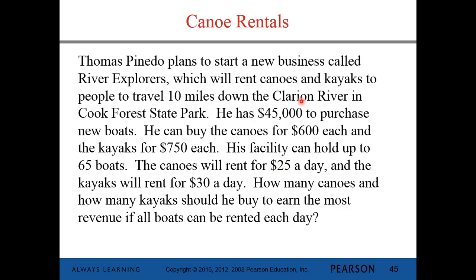The constraint is that the total cost to buy the boats has to be less than or equal to $45,000, where the cost is $600 for each canoe and $750 for each kayak. And the number of canoes and kayaks can't exceed 65.